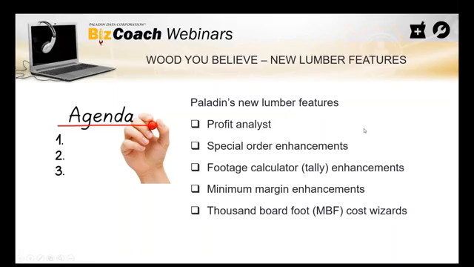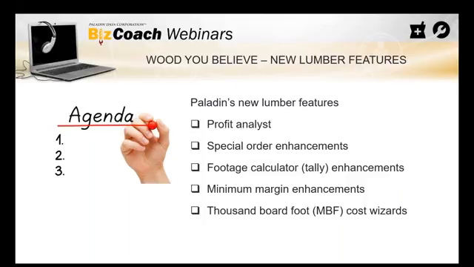All right, so there's a couple of features here we're going to talk about. First one's Profit Analyst. You probably heard about it if you're in this webinar. I've talked about it on numerous occasions, and I've been talking about it for probably the last 6 months or so. It's only been in the system recently, in the last couple of updates, but it's a very powerful feature. I do want to go over that again.